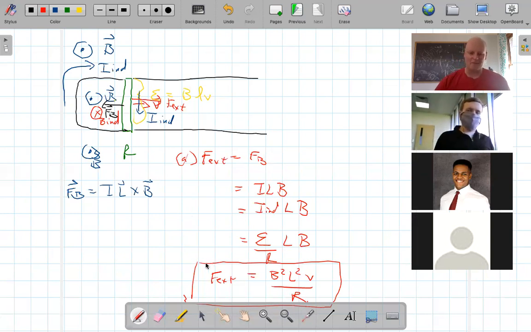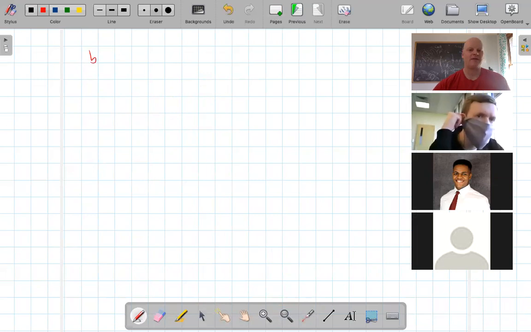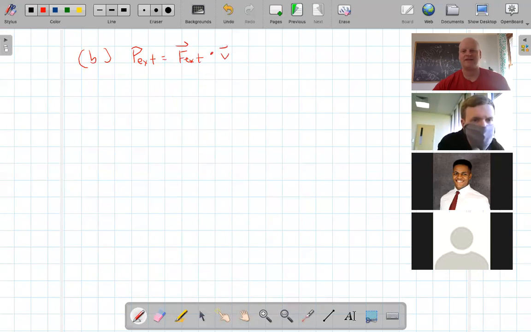So this is then the force, right? So the next part of the problem says, well, if I'm applying a force to this thing, that means I am also applying an external power. So for part B, the external power is equal to the external force dotted with the velocity. Remember that the other definition of power is the force dotted with the velocity.